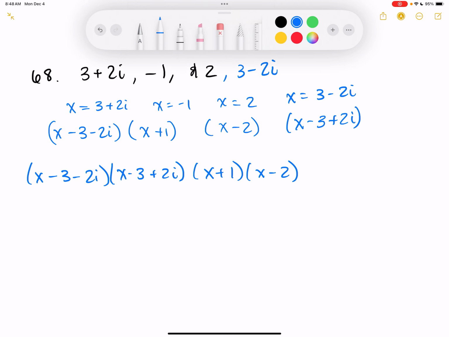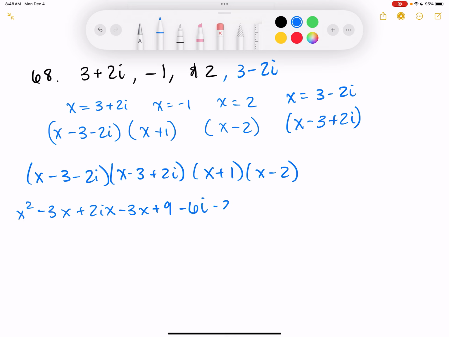So first things, I've got x squared minus 3x plus 2ix. Then I've got minus 3x plus 9 minus 6i.